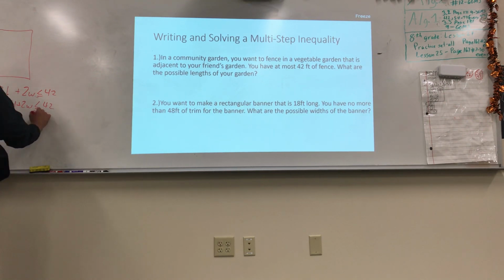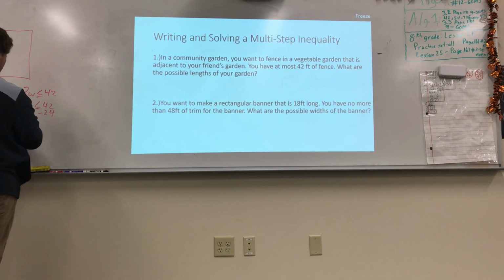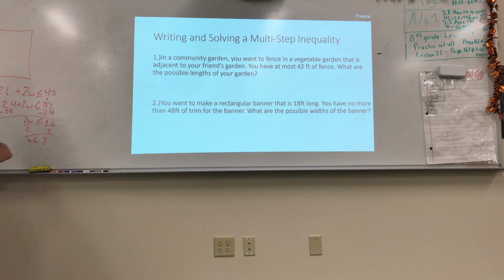Minus 24, minus 24, you end up getting, I want to say 16, 2w. Divide by 2, keep your sign, both positive, so I'm still going to keep my sign, and that's what you should get.